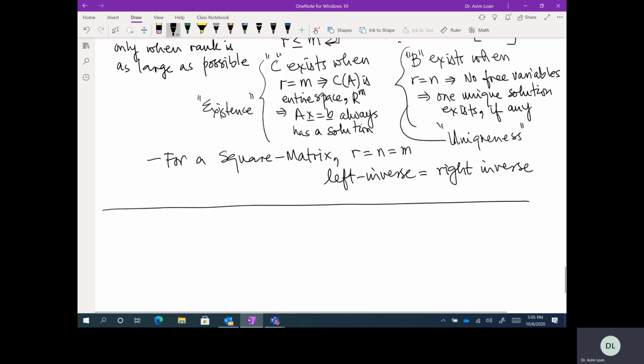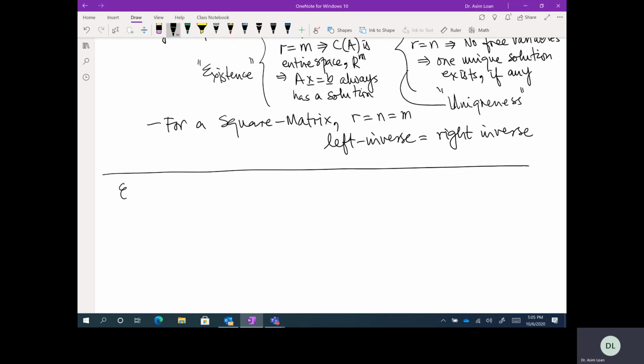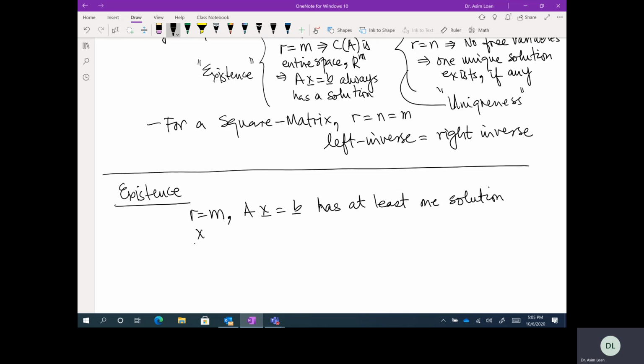Let's see. For the existence case, R is equal to m, Ax equals b has at least one solution x for every b. Why?